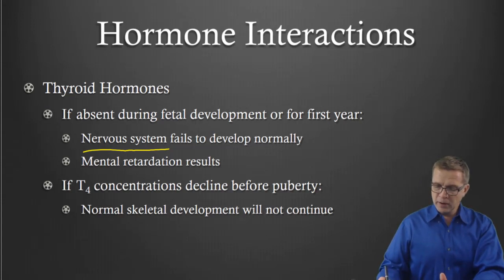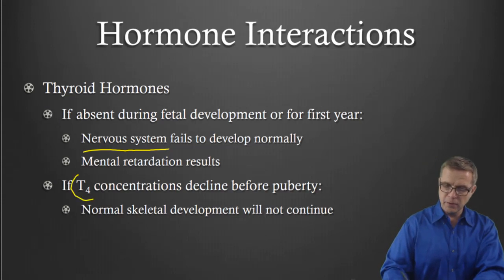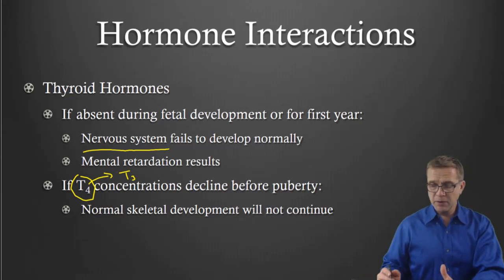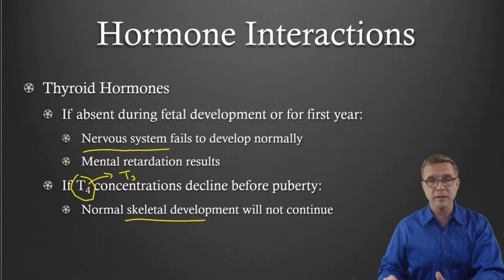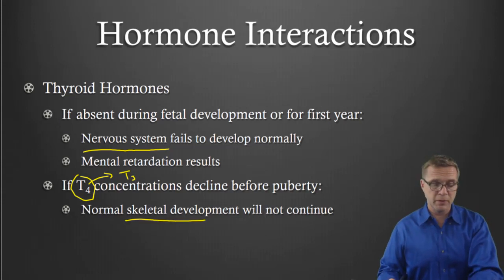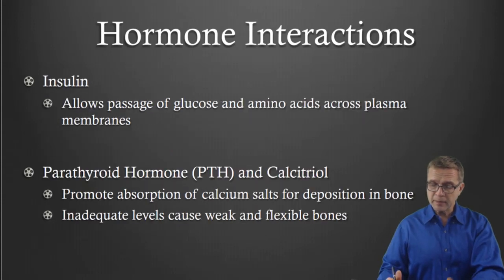Now, if T4 concentrations decline before puberty, and remember, we make a lot of T4 and it has to be converted to the active form, T3, but T4 is what we have a lot of regulating in the blood. If we don't have enough T4 in the blood, we actually don't have normal skeletal development either. So lots of problems if we don't have proper thyroid hormones.